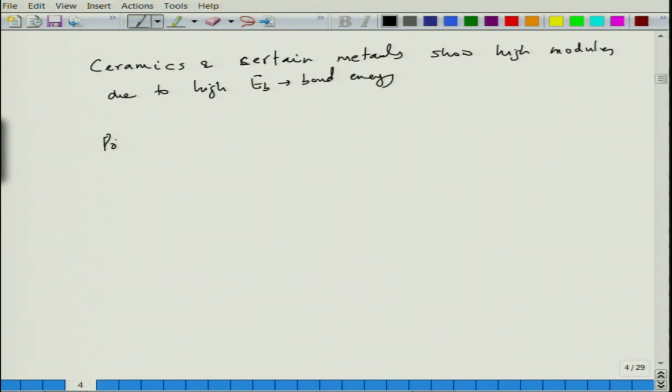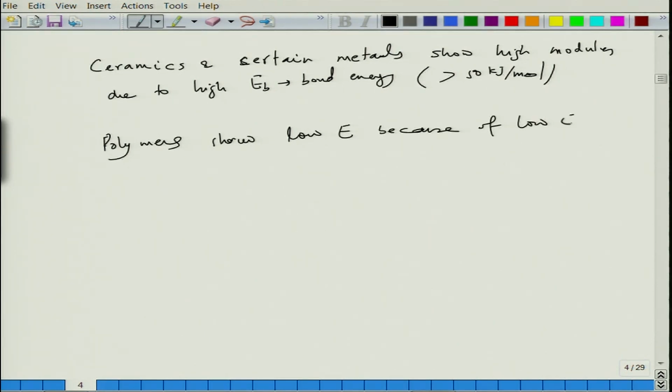Whereas polymers, so here the bond energy is, let us say, 50 kilojoule per mole, and polymers show low E because of low EB, which is generally less than 10 kilojoule per mole. Okay. So, this is the difference between the two types of materials.